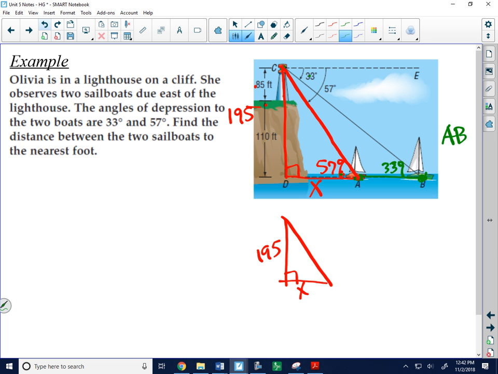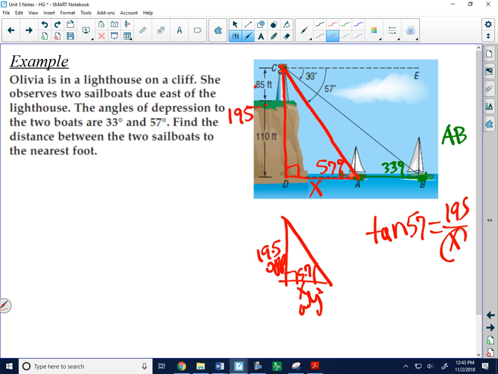So let's finish off the red triangle. I can solve for x. Yes, it is tangent. So this was 57, opposite here and adjacent here. It's not always tangent, but it happens to be. So tangent of my angle, 57, equals opposite, that's 195, over adjacent x.